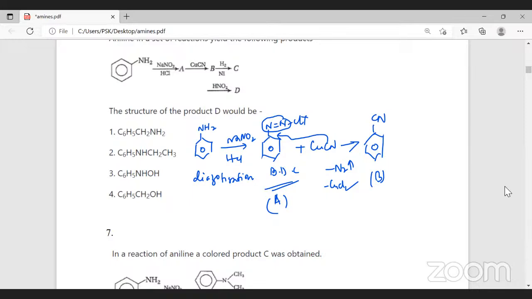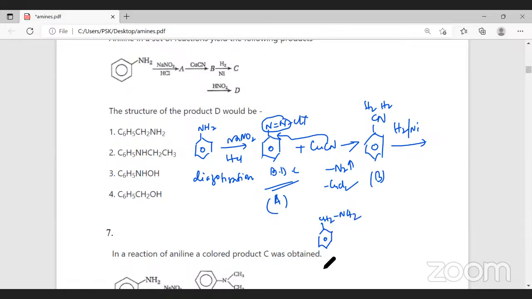Now, this is B. This on reduction, this reaction we learned, on reduction with hydrogen in the presence of nickel, what happens? The 2 pi bonds between carbon and nitrogen break, 2 hydrogens attack the carbon and 2 hydrogens attack nitrogen. Therefore, we get a benzene ring, we have a CH2, and we have NH2.